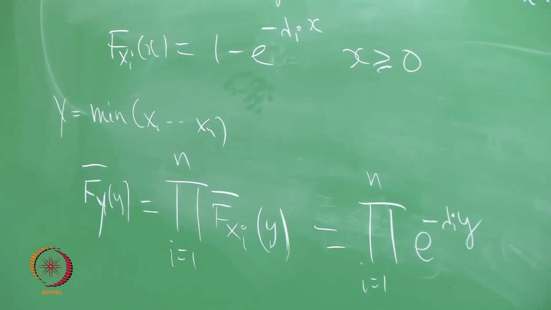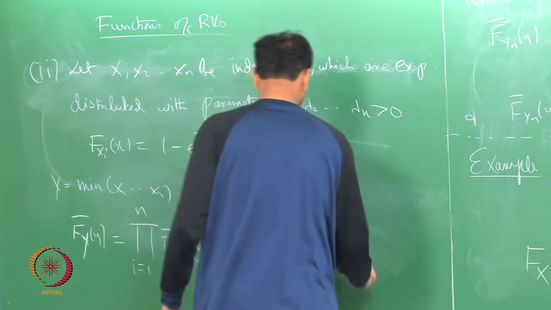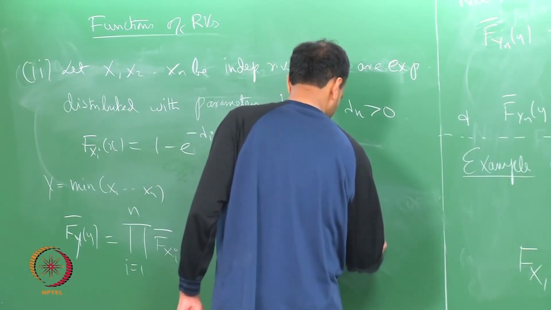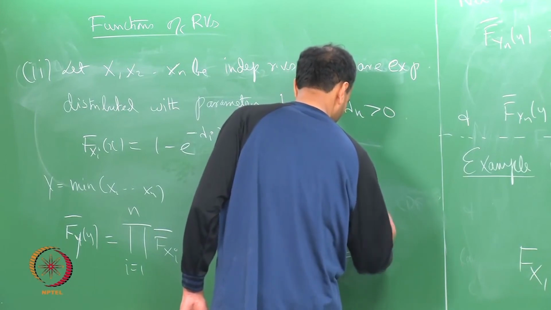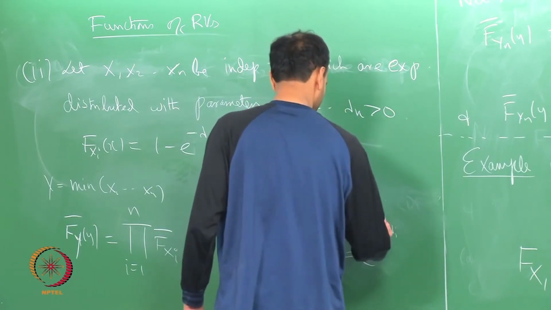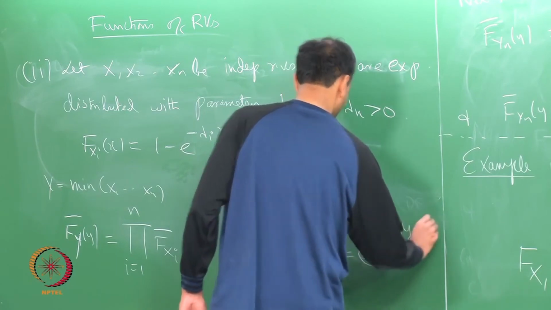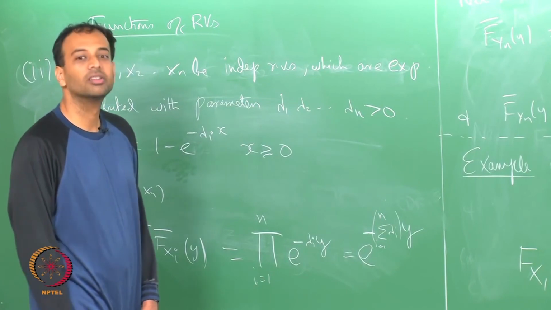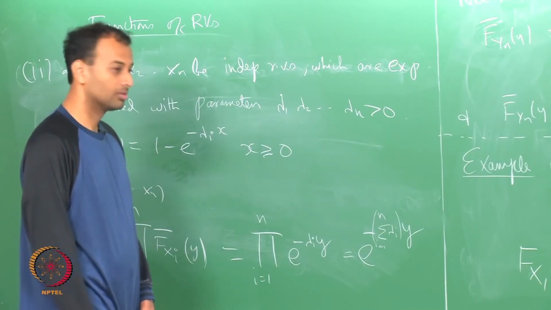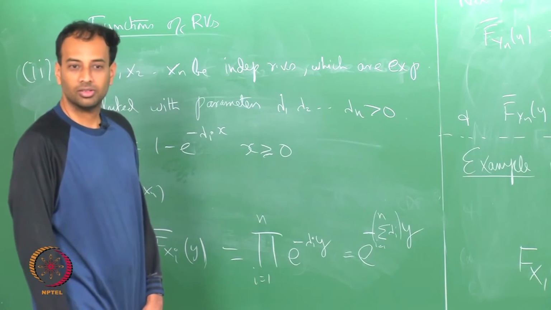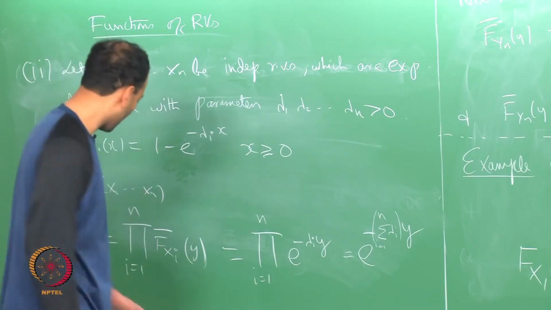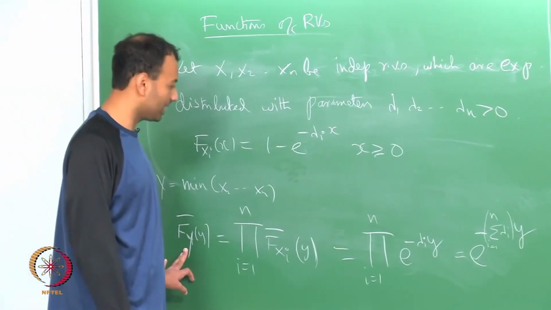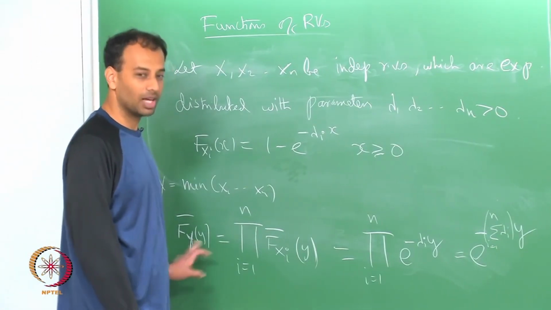Yes or no? And this will be equal to e power minus the sum over i equals 1 through n of lambda i, times y. What does this mean? The parameter changed to the sum of the lambdas. It means that Y is also an exponential, right? Y is an exponential with parameter the sum of the lambda i's.